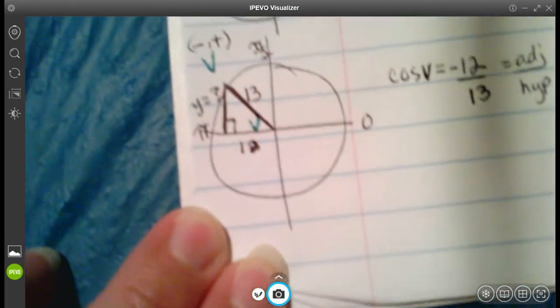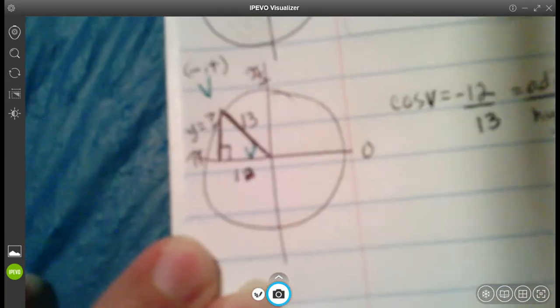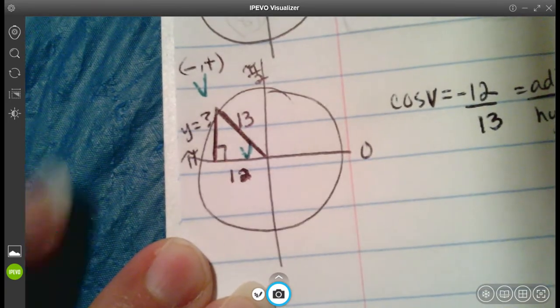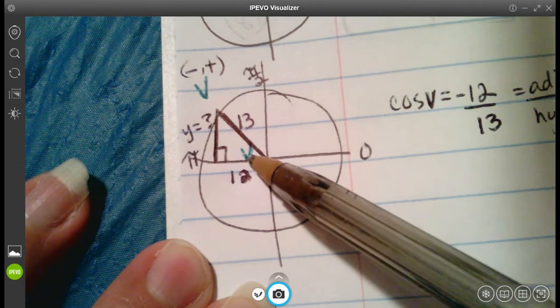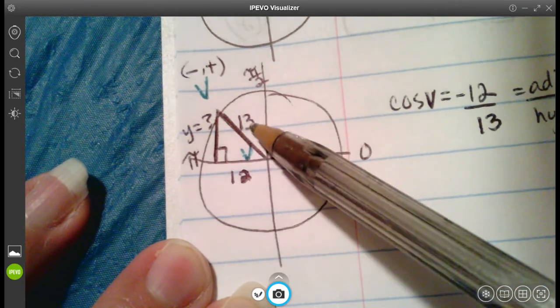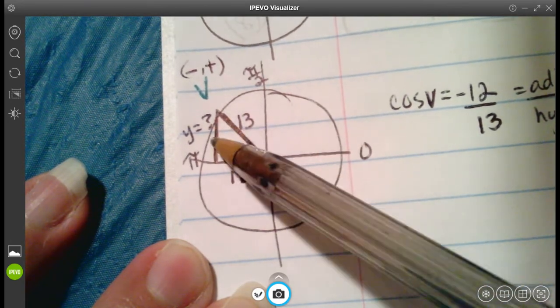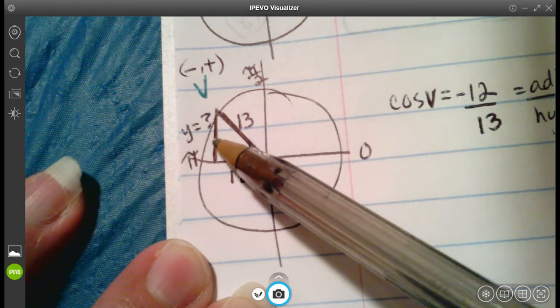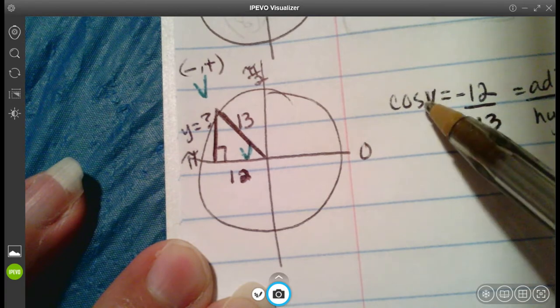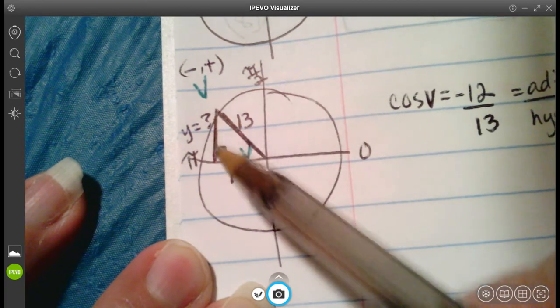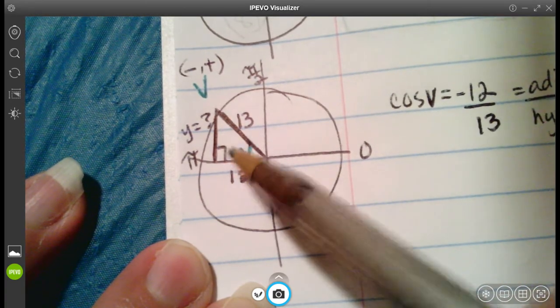But we're looking for, let me zoom in and get this to focus a bit. Okay, so the adjacent of v is 12, the hypotenuse is 13, and we're looking for the opposite side because remember, the formula is going to ask us for sine of v at some point. So we do need to know what the y value is for this part of the circle.